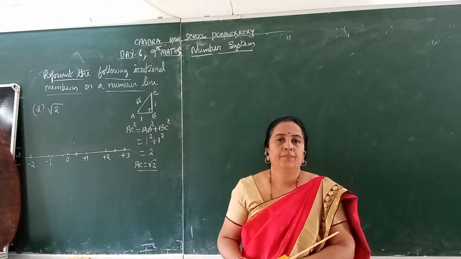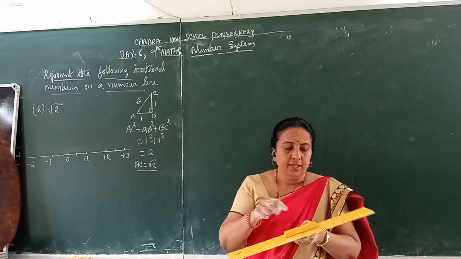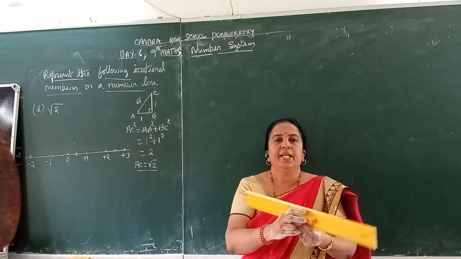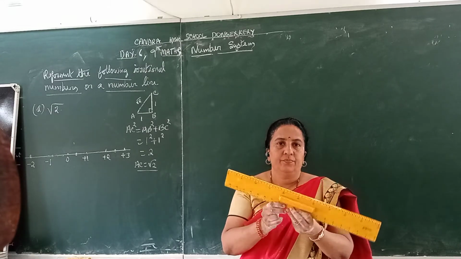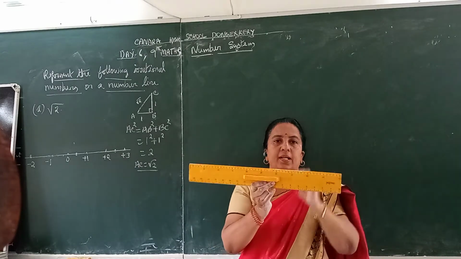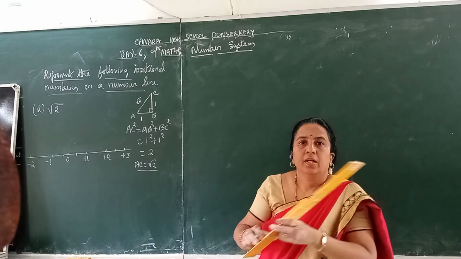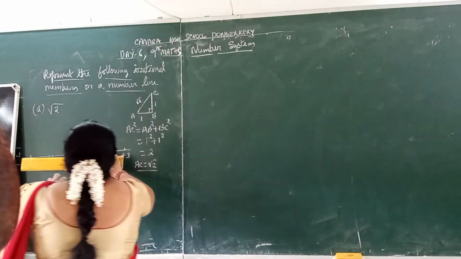Then not on the centimeter side, take readings on the inch side. Don't take readings from the centimeter side, take readings from the inch side. Keep the inch side on the scale.